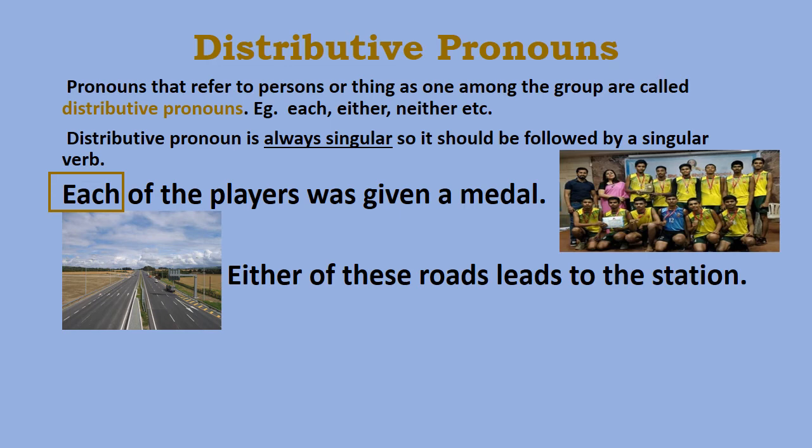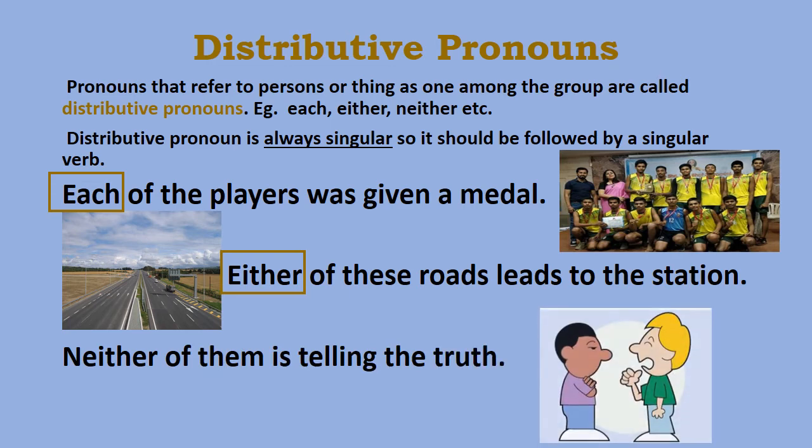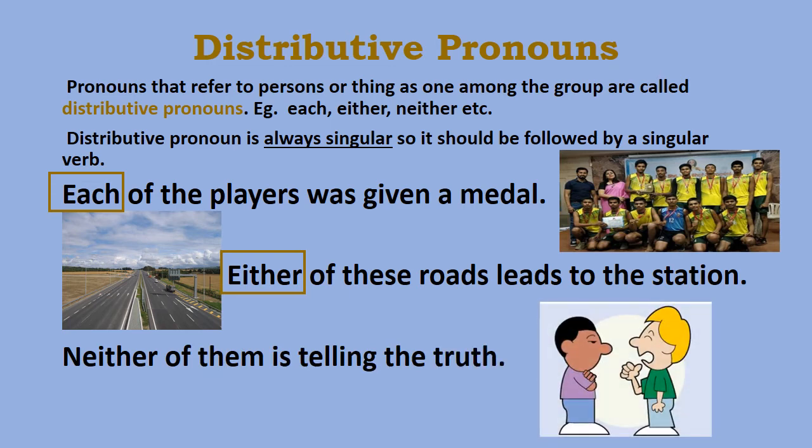So, "either" is used here as a distributive pronoun. Neither of them is telling the truth. Out of these two boys, nobody is telling the truth. Neither he nor the other boy. So, "neither" is a distributive pronoun here.